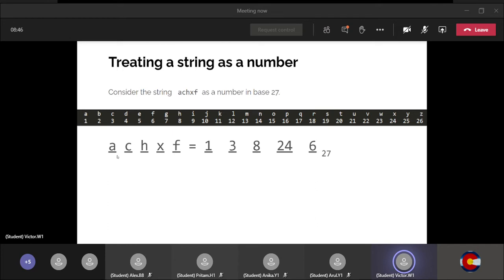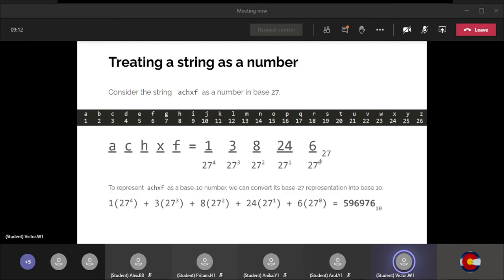We use these mapped values to convert this string into a base 27 number. I use base 27 because it's the minimum base required to fit 26 digits. That's how I computed this 5-digit number in base 27. And then we would probably want it in base 10.